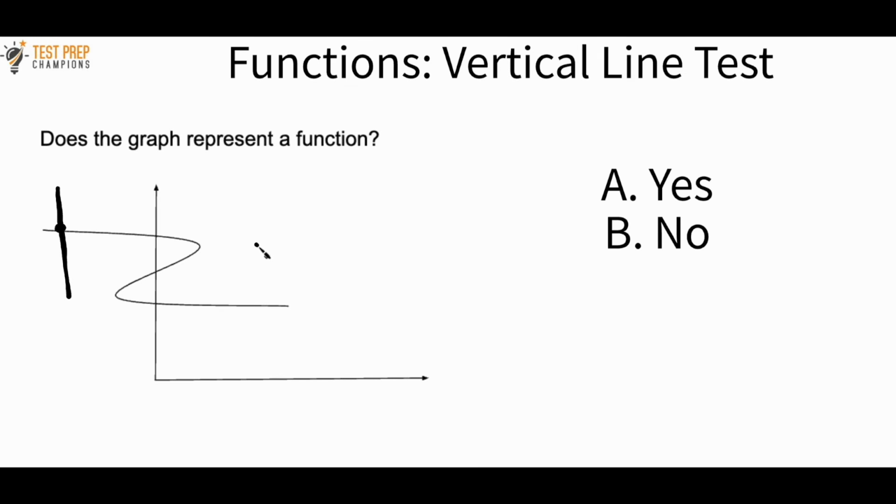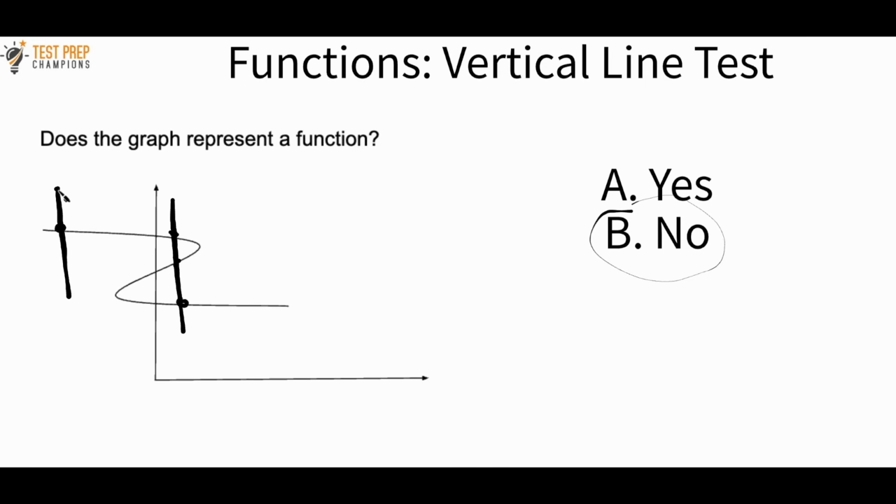But the problem with that is that we're not considering the entire graph, because if I draw the vertical line right here, what we see is that the vertical line touches the graph more than once. So the answer is B, no, this is not a function. So remember, if a vertical line touches the graph more than once, we know it's not a function. And just remember too that we have to take the entire graph into consideration.